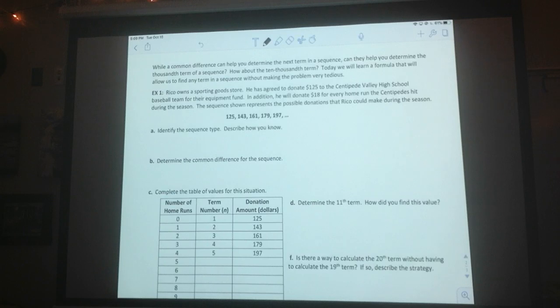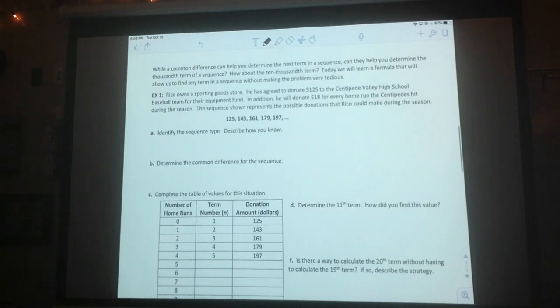His first donation is $125. The next, if they hit one home run, would be $143. At 125, there are 0 home runs hit. Here there would be 1, here there would be 2, here's 3, and here's 4.